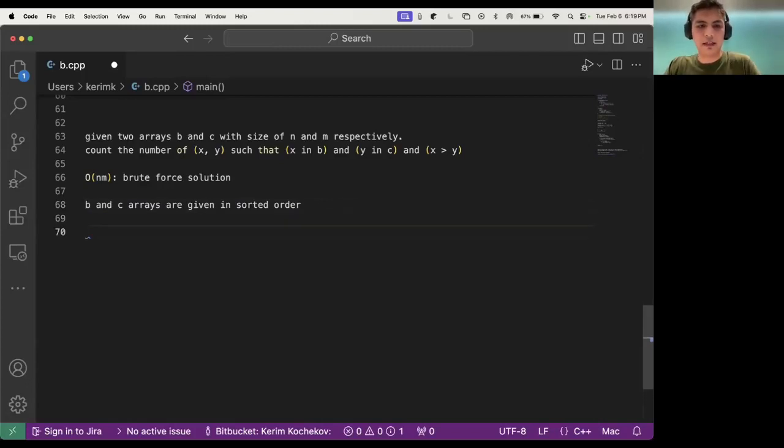We haven't seen the binary search idea, so we will not go with that one.